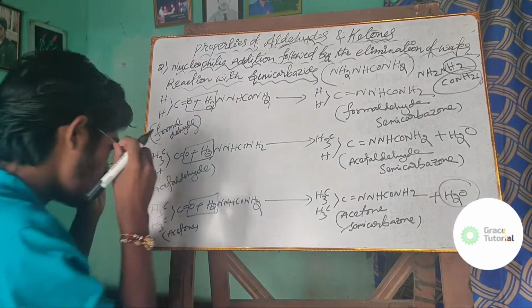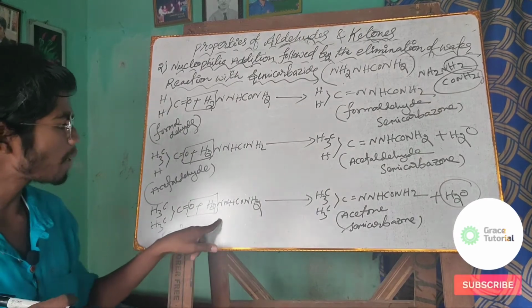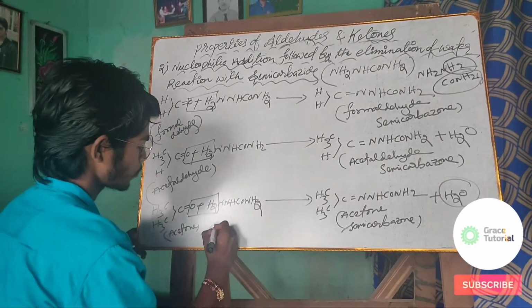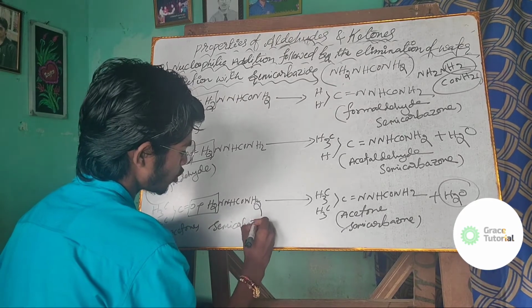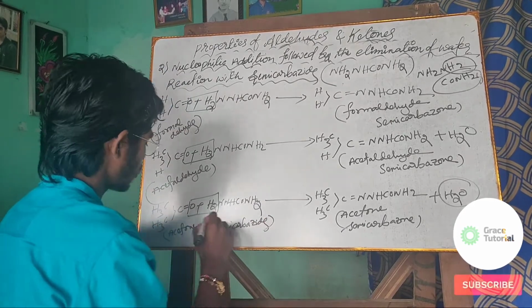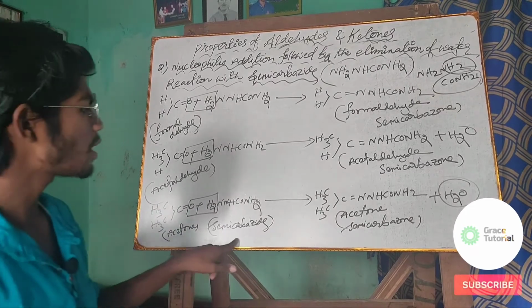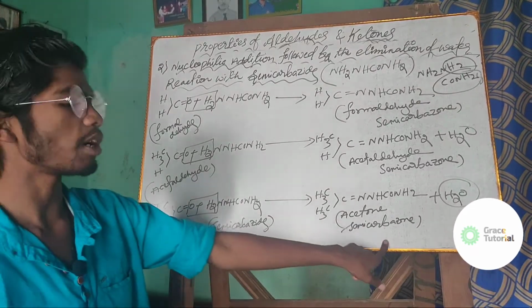So when acetone reacts with semicarbazide, it gives acetone semicarbazone.